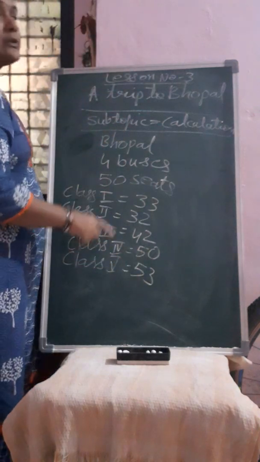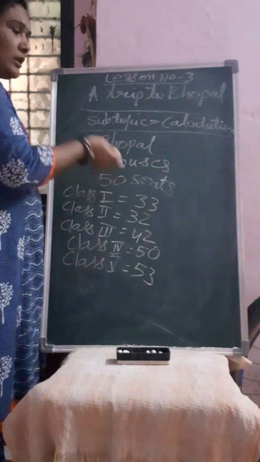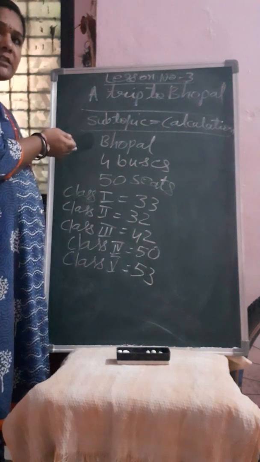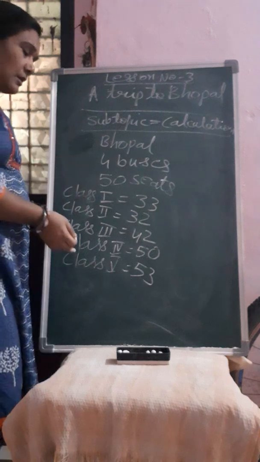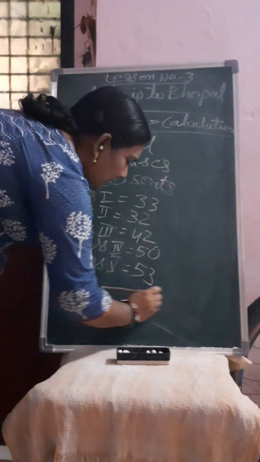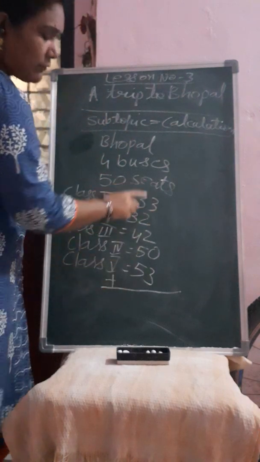Now they want to total it. First, if they total, then only they can count how many buses they need. So first we will calculate the total number of students. For totaling, what do we have to do?